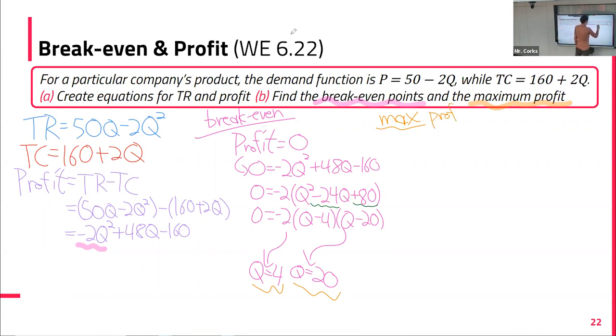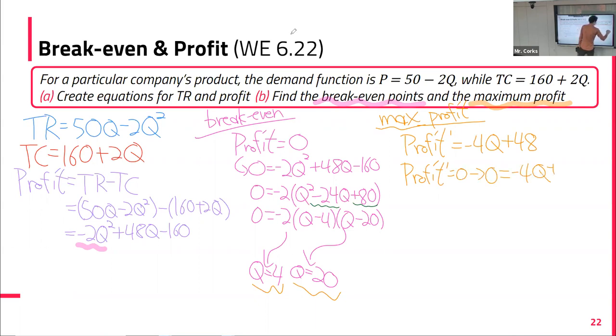So max profit is going to come where, well, first of all, we need our derivative. So profit prime here. What will that be? Negative 4q plus 48. That equal to 0. 0 is equal to negative 4q plus 48, and therefore q is equal to 12.